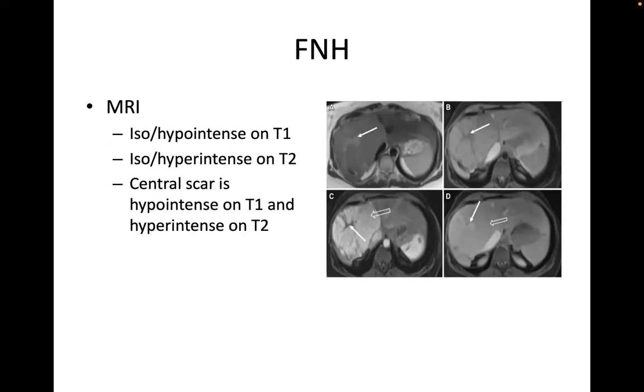Focal nodular hyperplasia is also managed conservatively. Usually when you see them, you make a diagnosis, then they are managed conservatively. They only operate if there are pressure symptoms, and the patient will usually present with pain. That's when you can go in and operate.